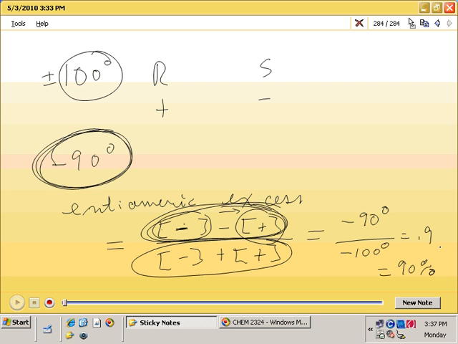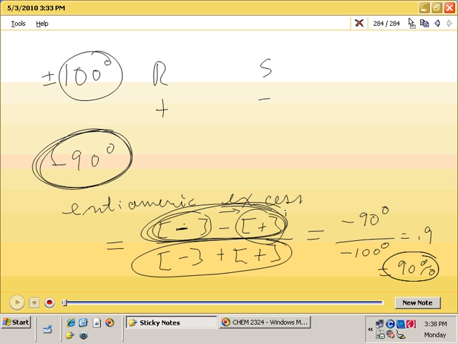Now keep in mind, this enantiomeric excess, or optical purity if you want, this 90% is not really telling you that you have 90% of one enantiomer and 10% of the other.